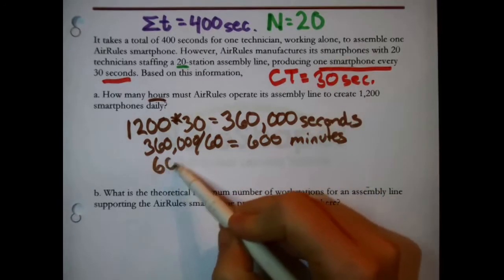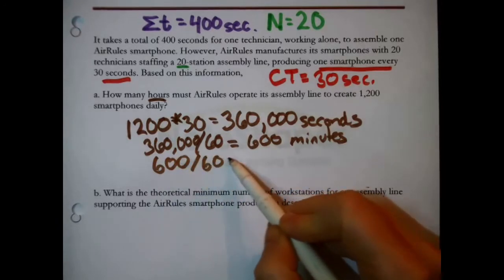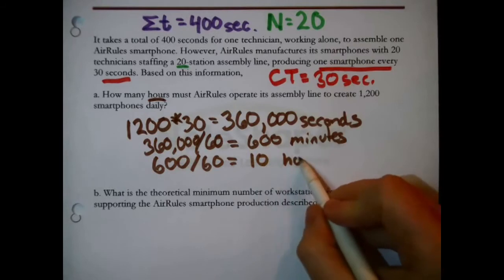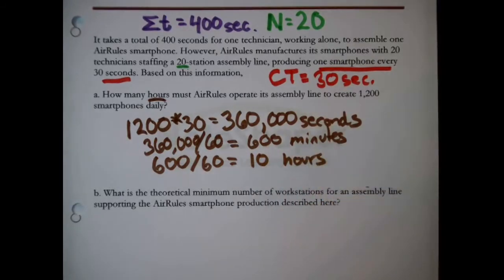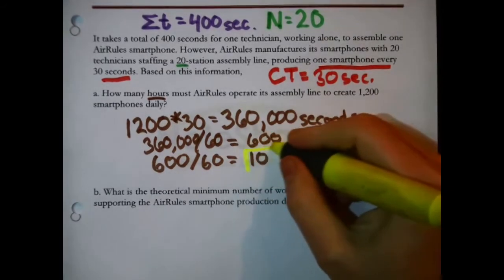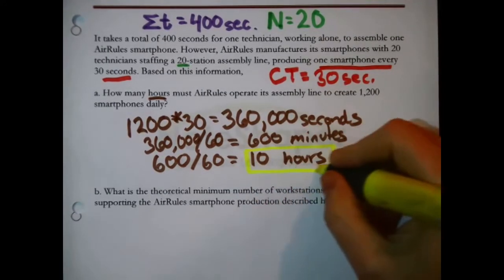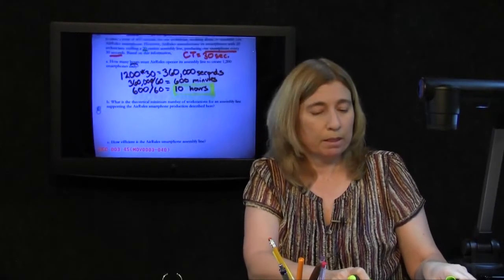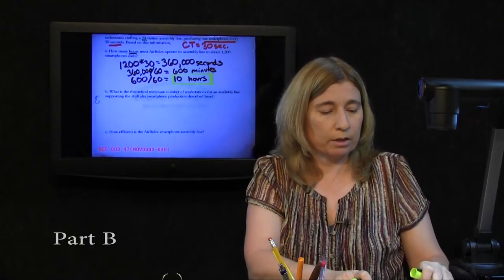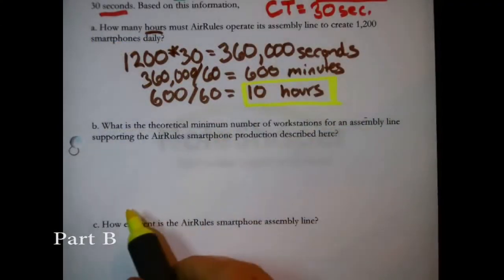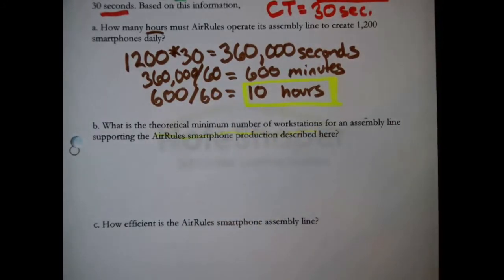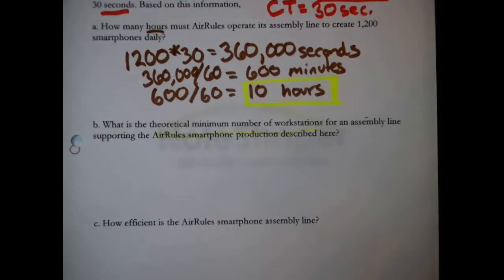And then 600 divided by 60, there's 60 minutes in an hour. That's the answer to the question. It will take them 10 hours. If they want to create 1,200 smartphones daily, they need to run that line for 10 hours out of the day.